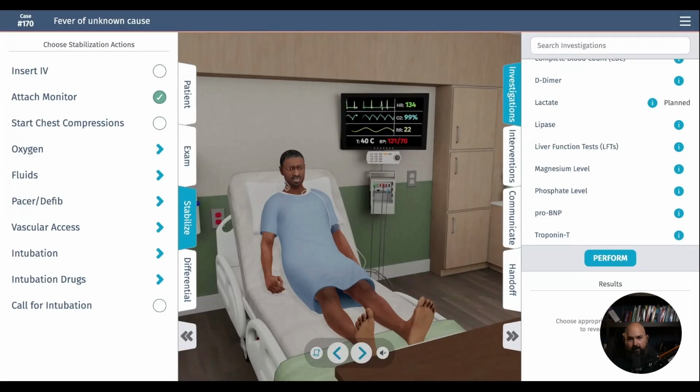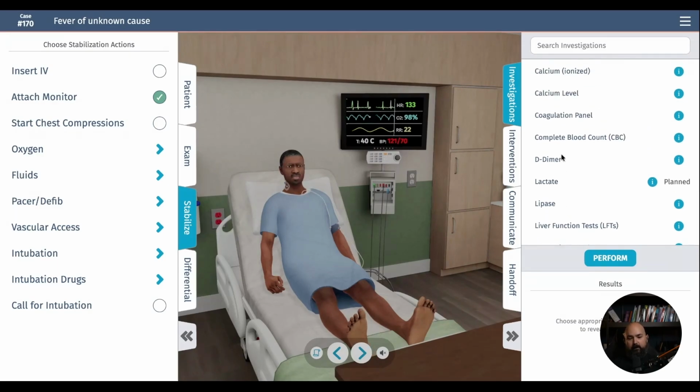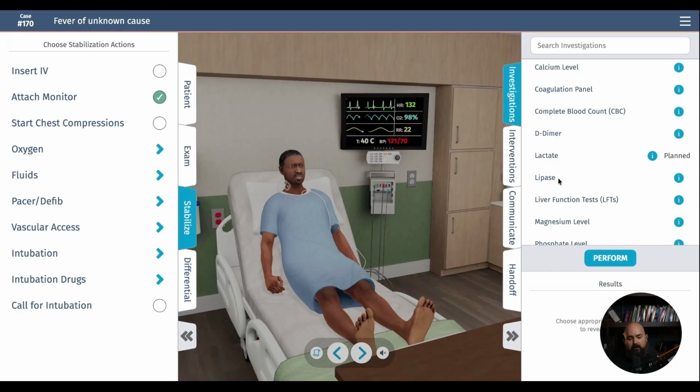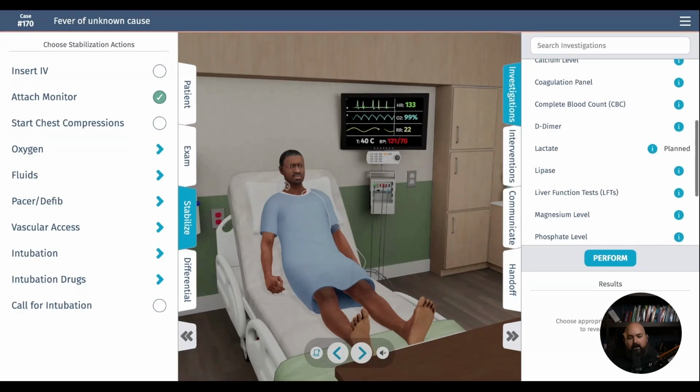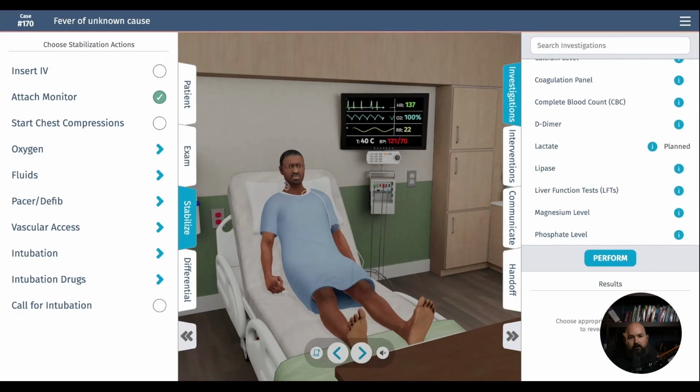But we have to consider the nature of what we suspect is wrong and what we should do. What do I mean when I say that? I mean that even though this patient is just tachycardic and normotensive, that doesn't guarantee that they're not going to have some sort of lactic acidosis. That doesn't necessarily indicate that they're not going to have some sort of underlying organ dysfunction. So those are things that you have to anticipate.